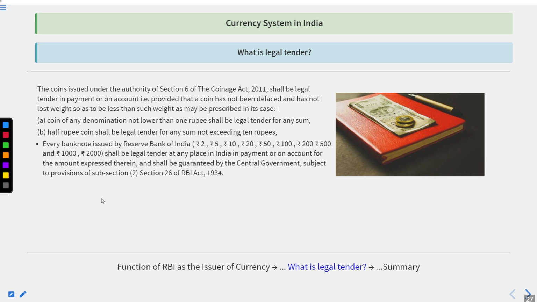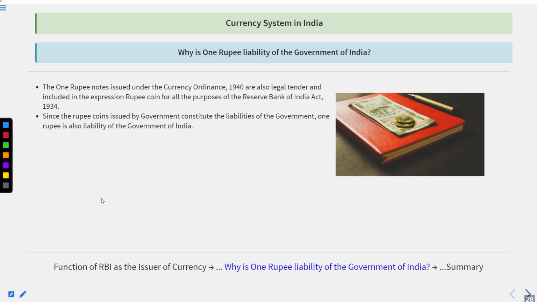Every banknote issued by the Reserve Bank of India, meaning rupee 2, 5, 10, 20, 50, 100, 200, 500, 1000, 2000, shall be a legal tender at any place in India in payment or on account for the amount expressed therein, and shall be guaranteed by the central government subject to the provisions of subsection 2, section 26 of the RBI Act 1934.